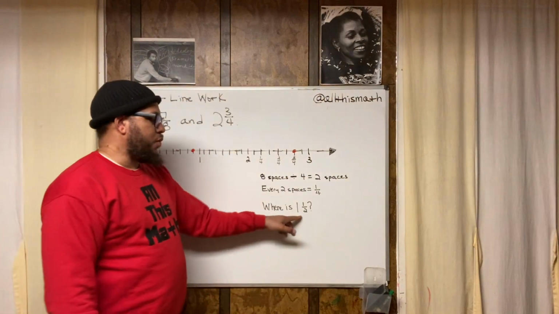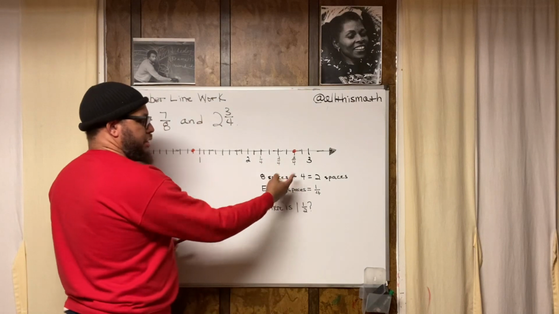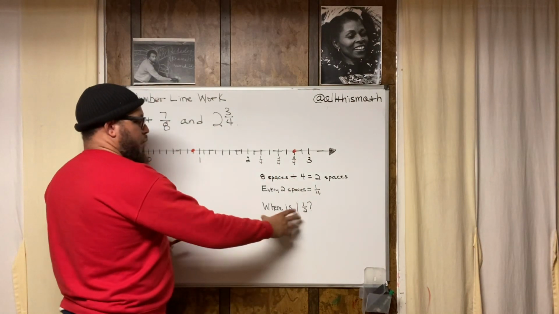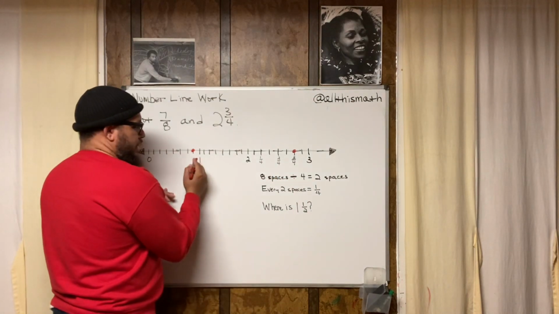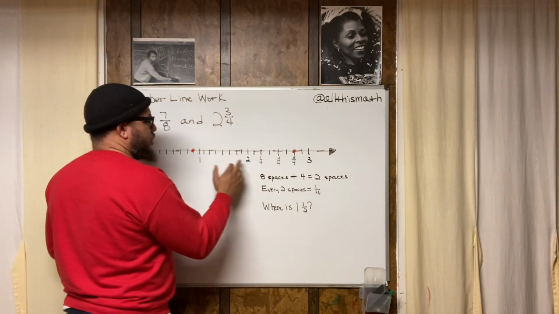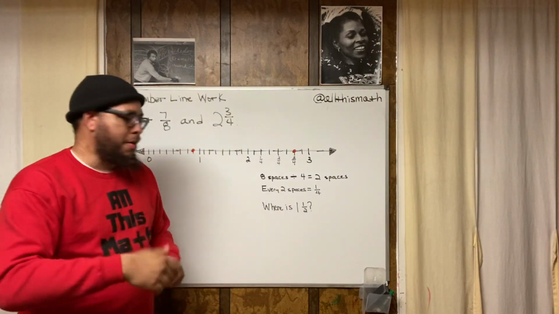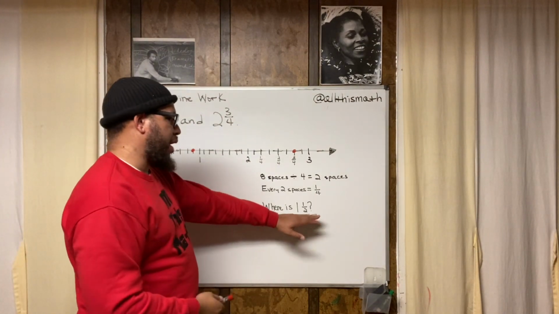So we got 1 and 1/2, and we want to know where that's at. Now, we can use the same method that I put up here, because the space in between 1 and 2 is broken down into 8 spaces. But I want a half of it. I want to know the halfway mark.